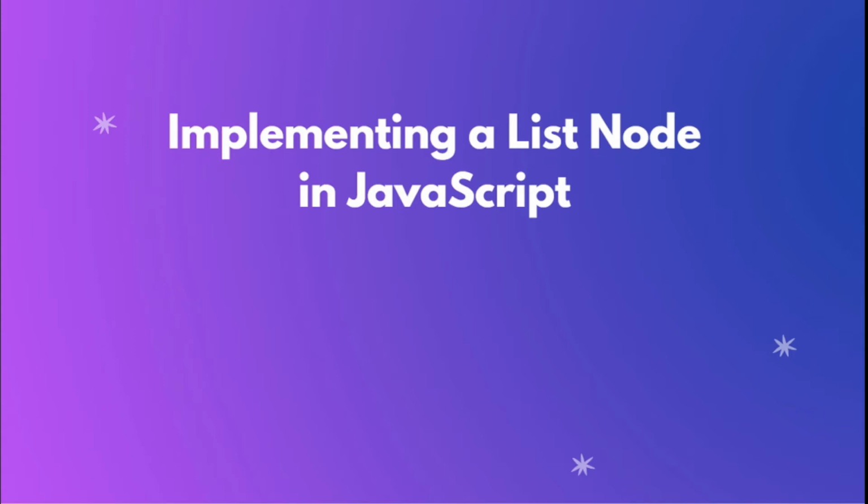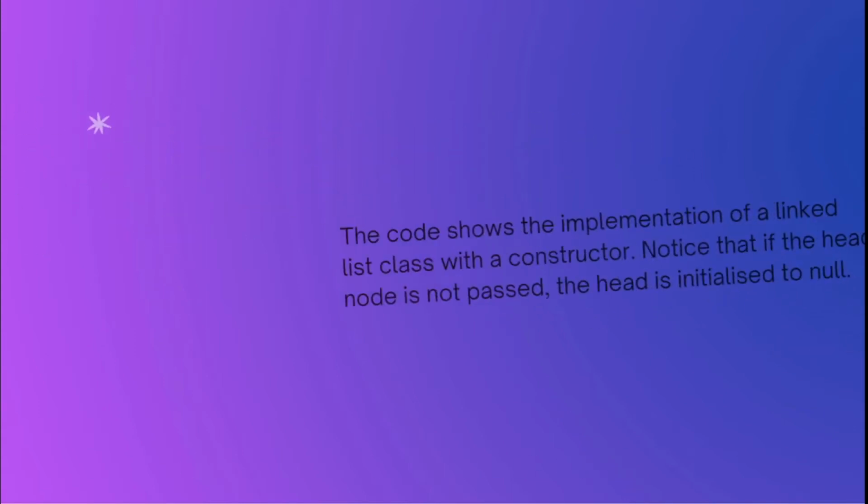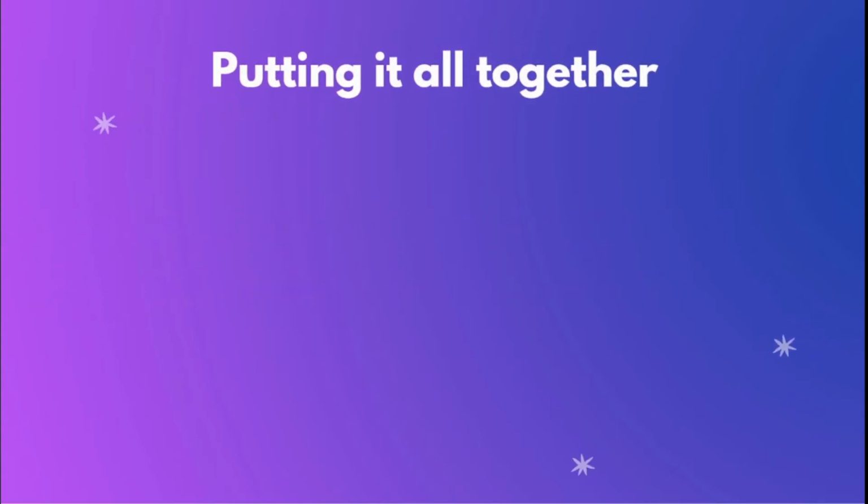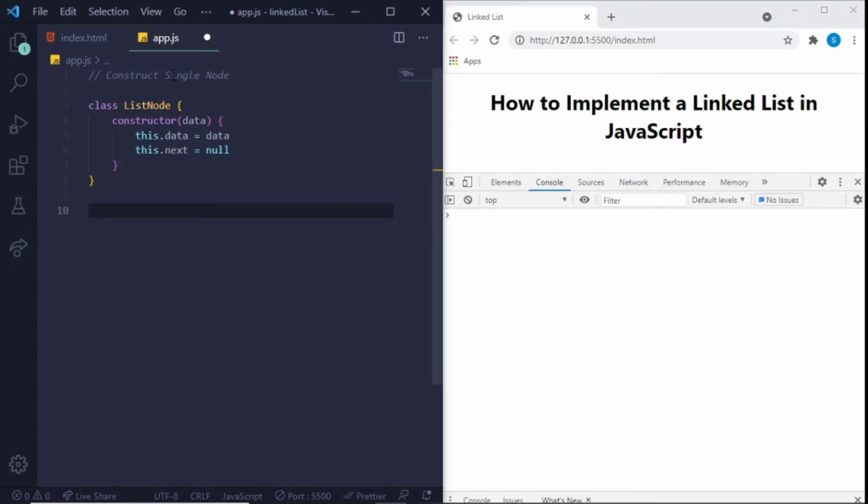Implementing a linked list in JavaScript. The code shows the implementation of a linked list class with a constructor. Notice that if the head node is not passed, the head is initialized to null. Let's put it all together. Next we'll have our class again, and now we're going to call this LinkedList. I'm just going to make this a small letter because I want to use camel notation, but you can use whatever you want.